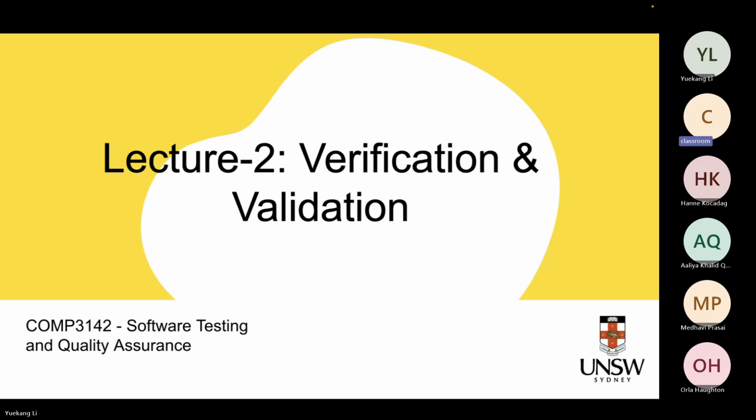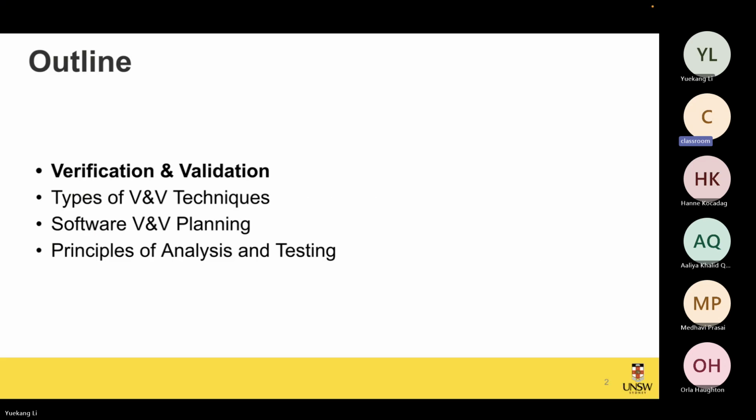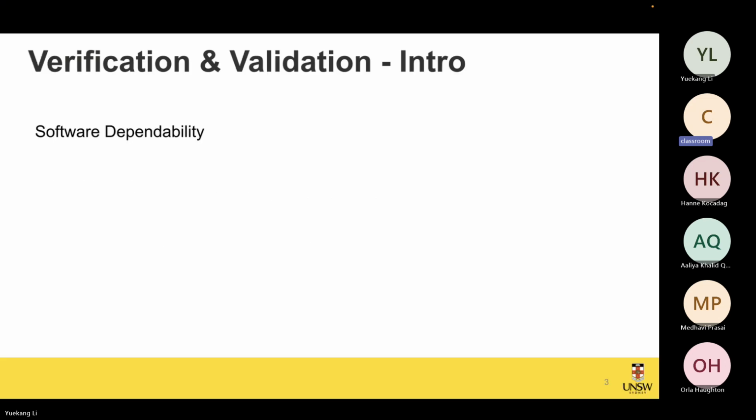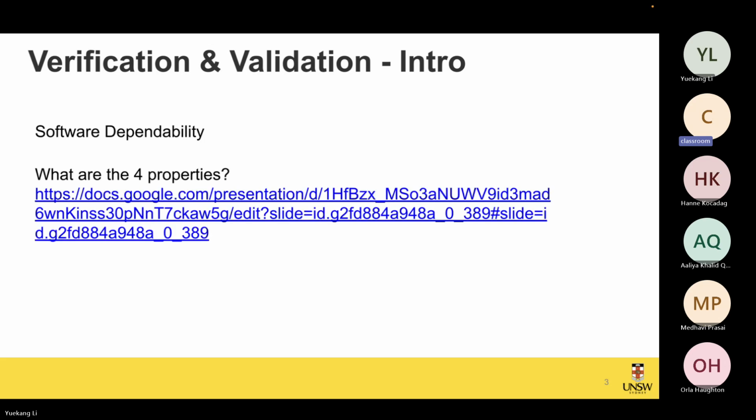So today we are going to learn about verification and validation techniques. This is today's outline. Yesterday we learned that a desirable software is a dependable software, and there are 4 properties related to software dependability.